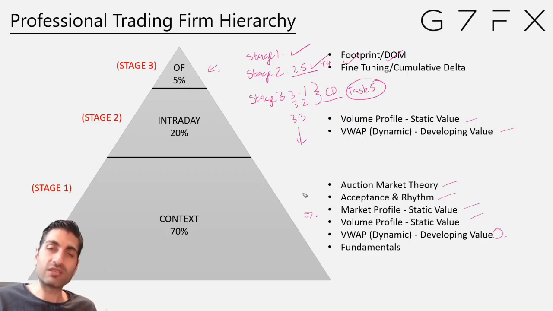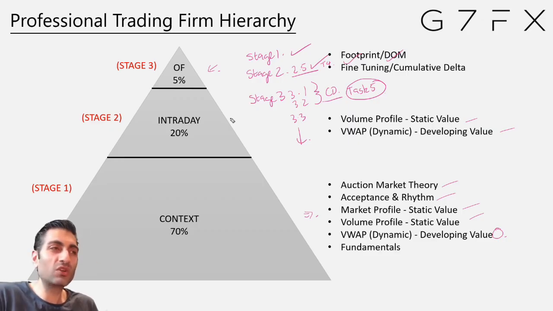However, it's so important you look at the footprint, because in the same way the DOM helps you understand all of the things we looked at in the pro course, the footprint is going to help you understand cumulative delta, and this will become clear when you do the footprint. The easiest way to put it is the same way the foundation course has helped you.